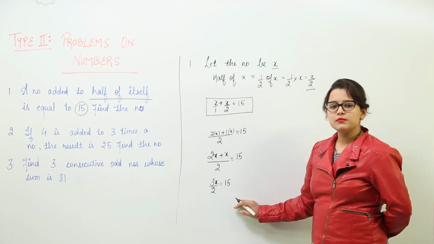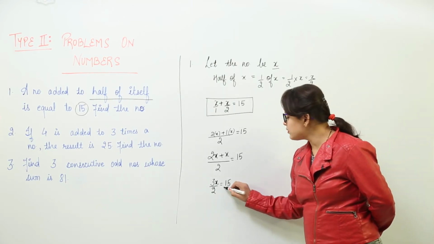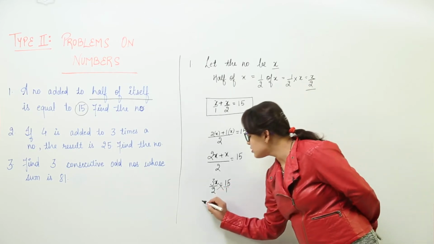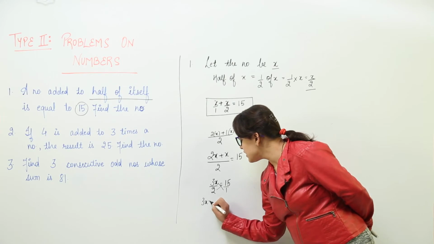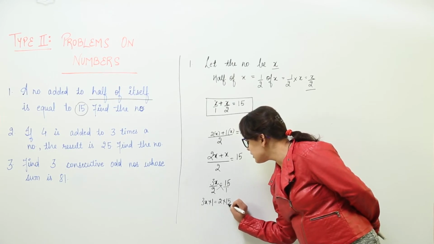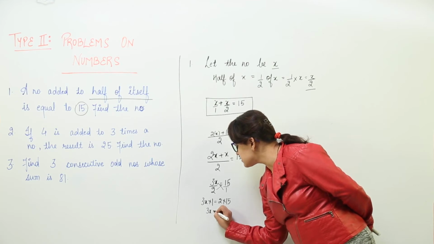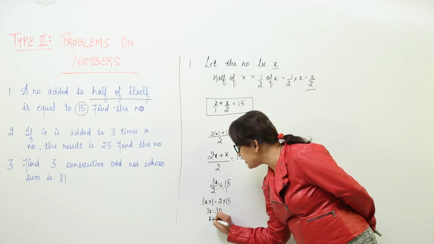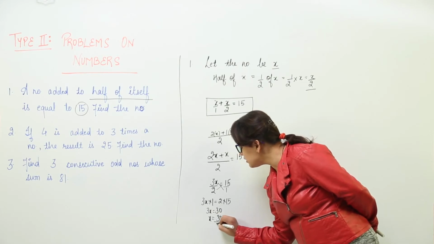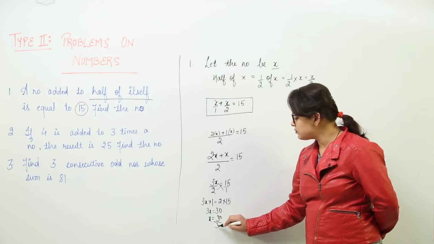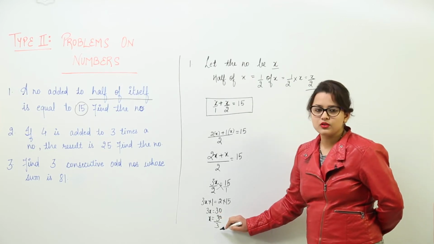Now we cannot simplify it any further. So what are we going to do? We are going to cross multiply them. So on cross multiplying, we get 3x into 1 equal to 2 into 15. Now 3x into 1 is 3x only, and 2 into 15 is 30. Therefore my x comes out to be 30 over 3, because 3 was getting multiplied and we took it to the other side, so it got divided over here.